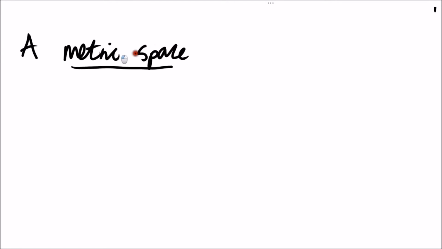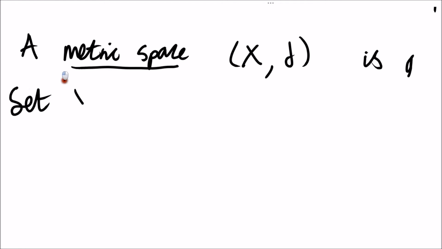So, a metric space, normally written as something like (X, d), is a set X, a non-empty set, and a function d, which maps pairs of elements in X to real numbers.